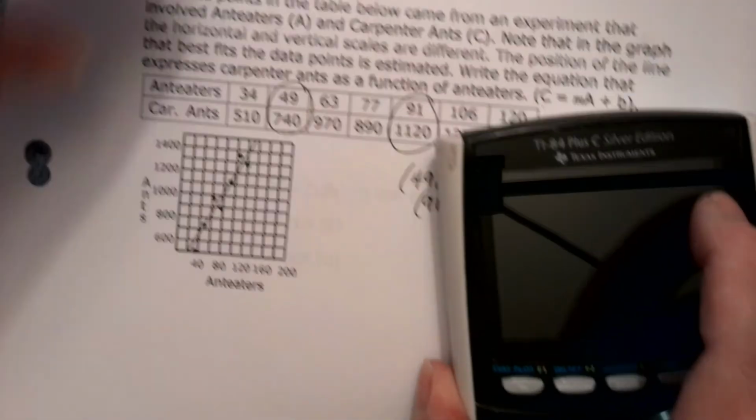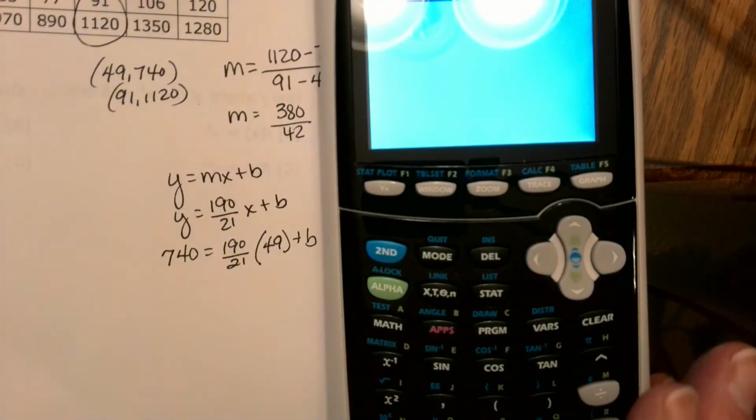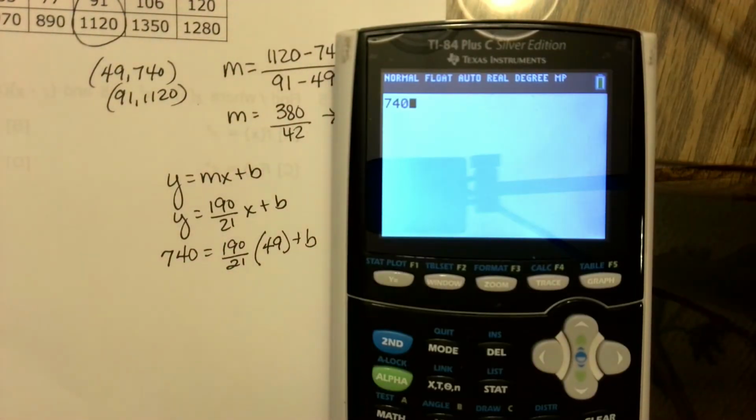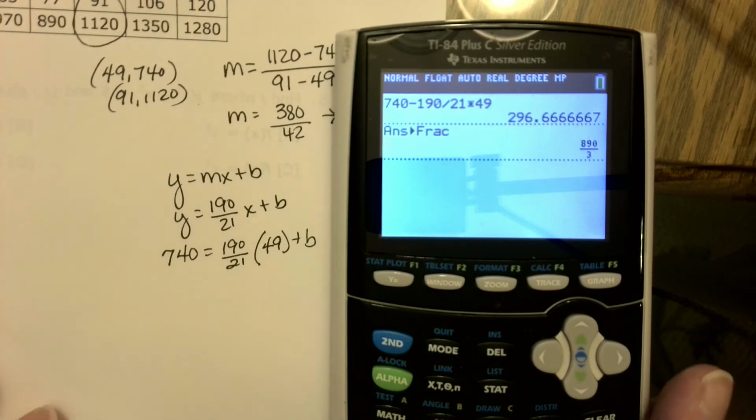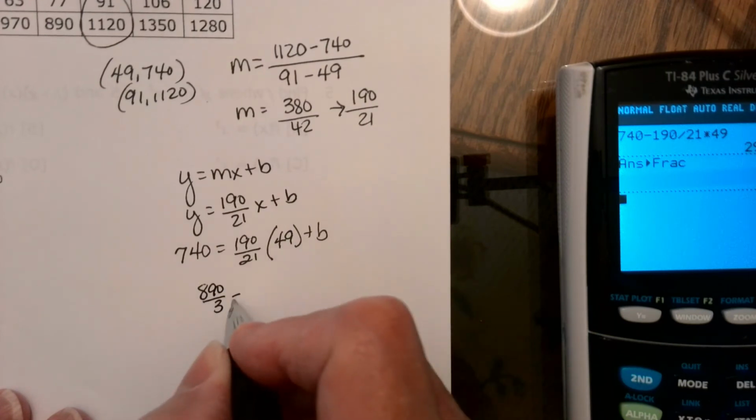This will help save you a little bit of time. So you're going to have 740 minus 190 divided by 21 times 49. And it gives you this thing. Hit math and hit 1 to put it back in fraction form. And you get 890 over 3. So we have 890 over 3 is my b.